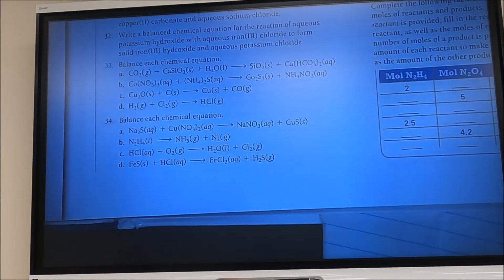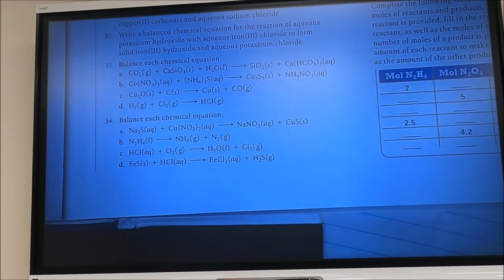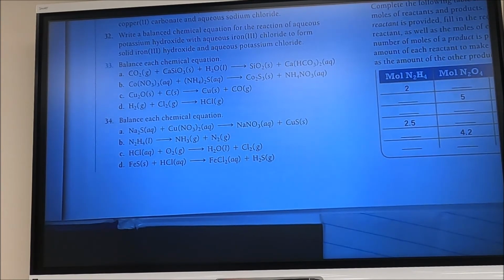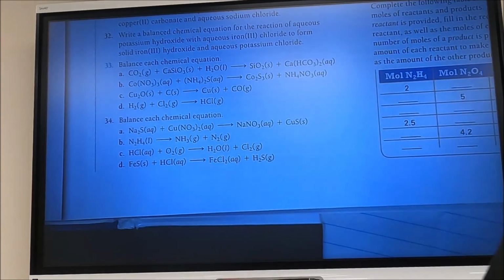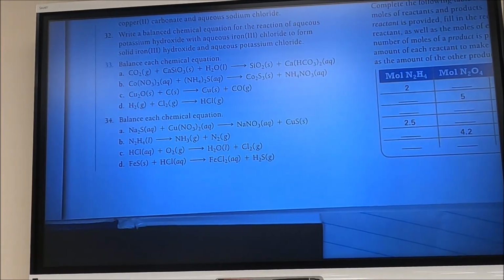So if we look at the first one, we're combining carbon dioxide gas with calcium silicate and water to form silicon dioxide and calcium bicarbonate. Now notice there's not a polyatomic ion that moves from one side to the other.